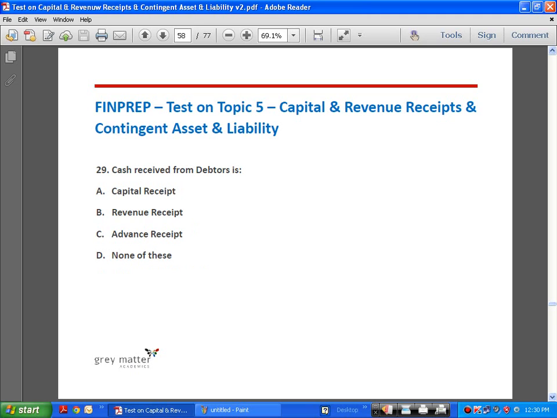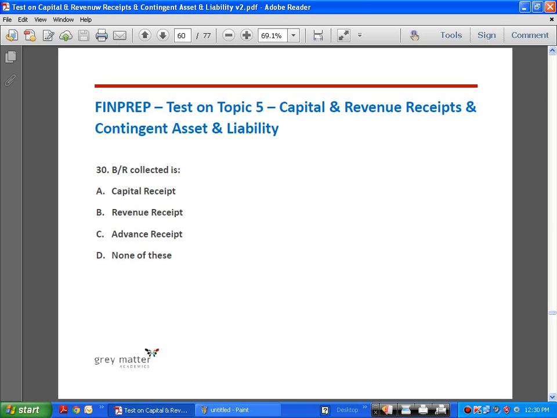Cash received from debtors is a revenue receipt because it is part of the normal operating activities of the business. You make a sale, that is the operating activity, and when a sale is made on credit, we get money against the sale from our debtors eventually, and so such money received from debtors is a revenue receipt.